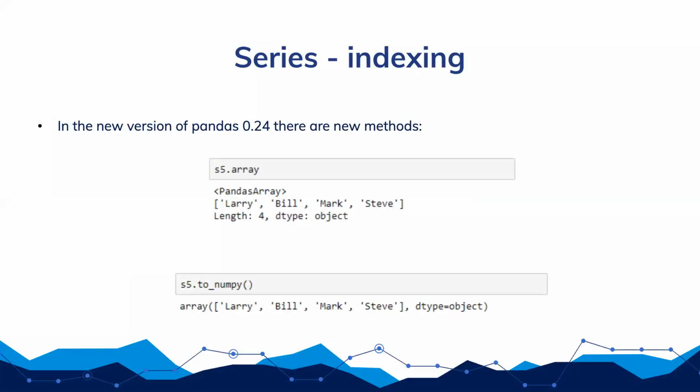So to end this ambiguity, they created these two methods. If you use series.array, you clearly create a Pandas array. But if you use series.to_numpy, you create a NumPy array. Just a detail, but they advise starting to use these methods instead of .values.